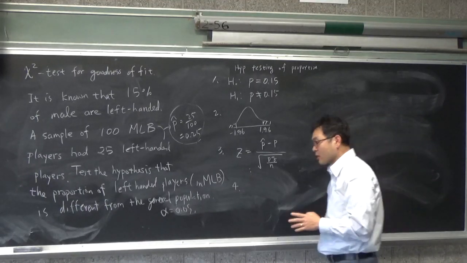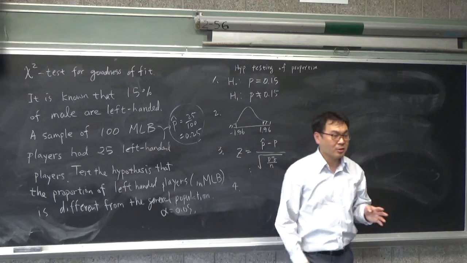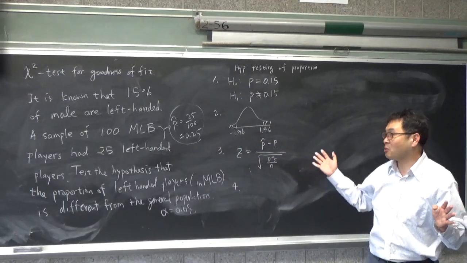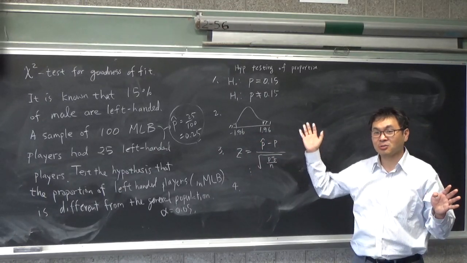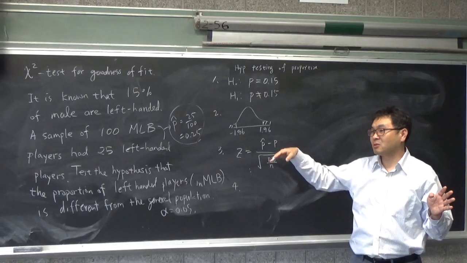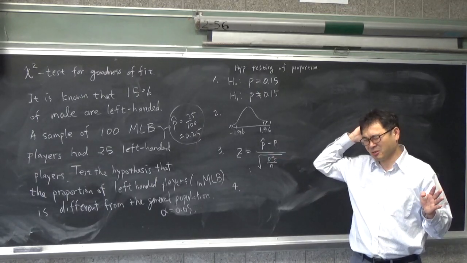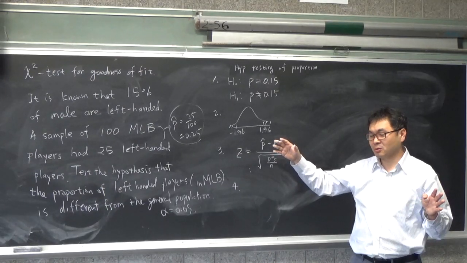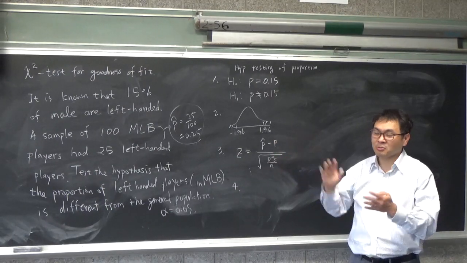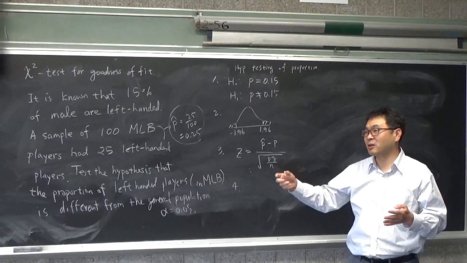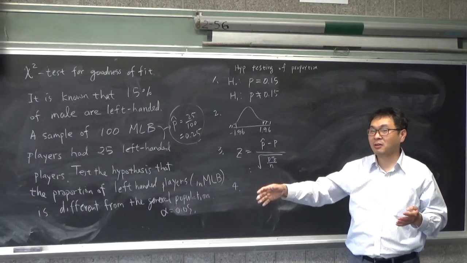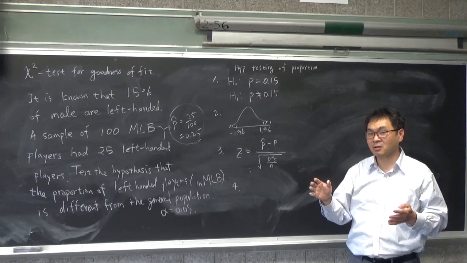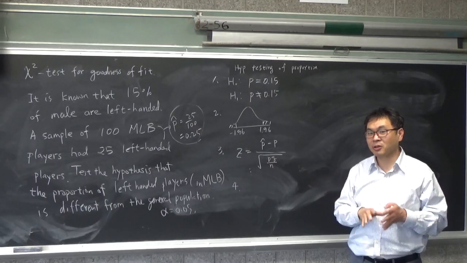You might have something like, for a certain race, we know that some proportions have eyes that are blue, some are brown, and some are green.